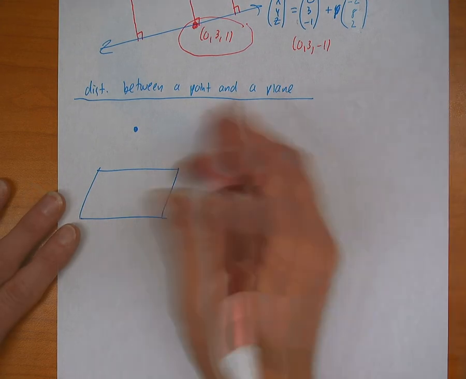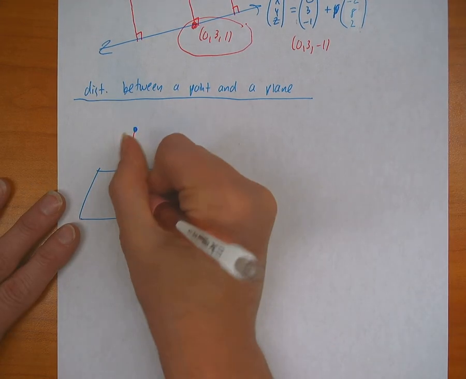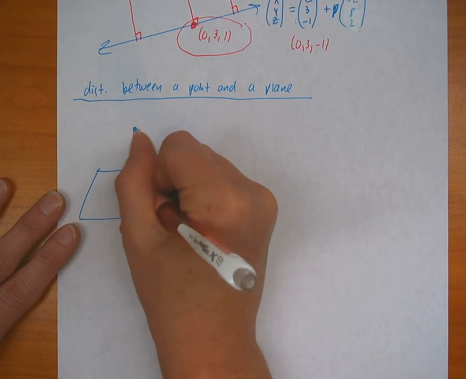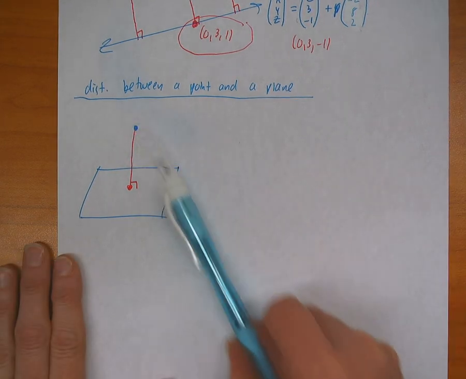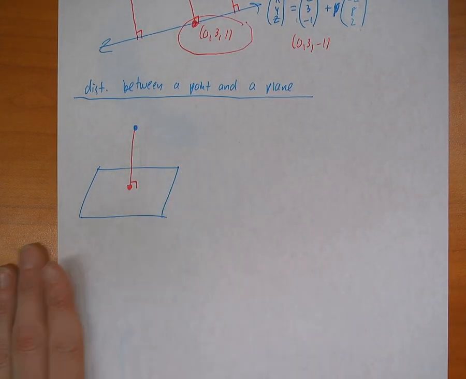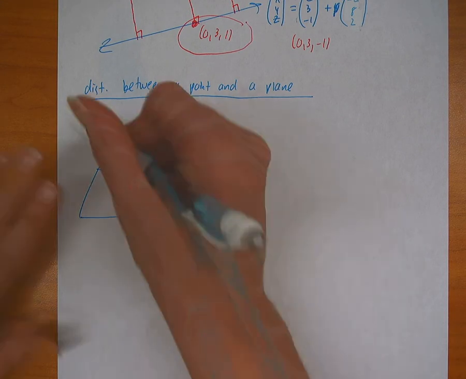I want to know how far that point is from the plane. So let's say that that's perpendicular to the plane. Again, anytime we measure distance from something to something else, we want to know how far it is in a perpendicular way. We're not going to go off to the side like this.